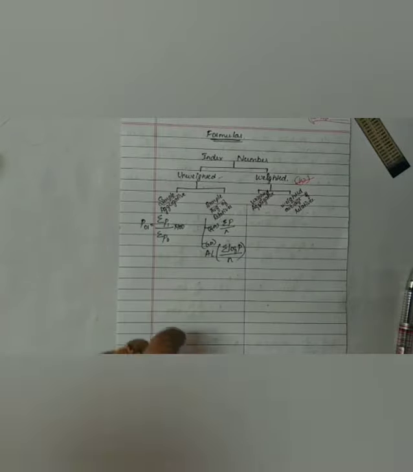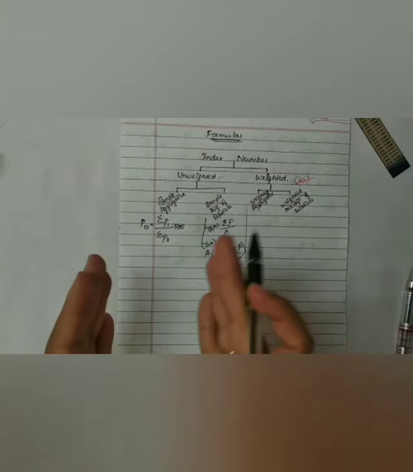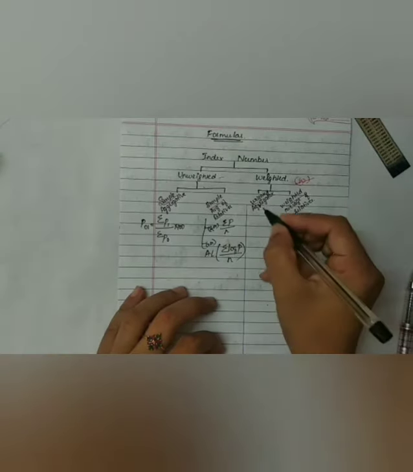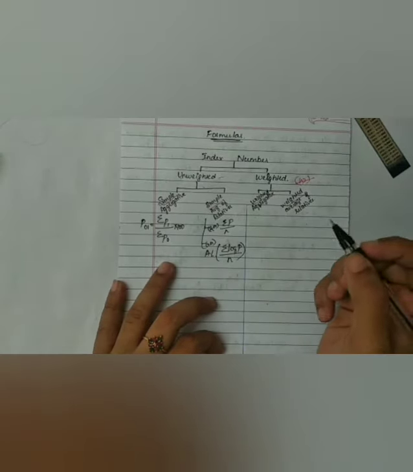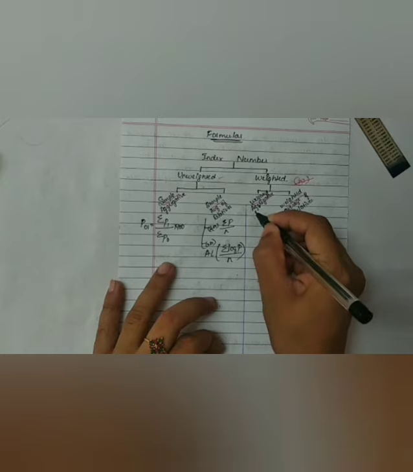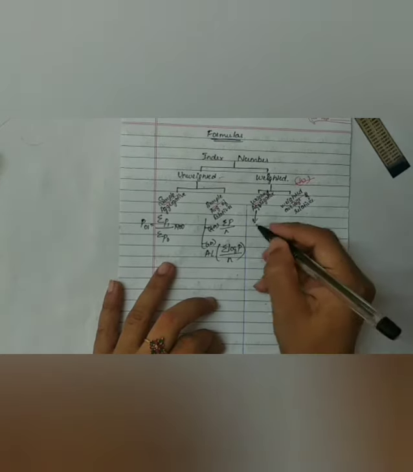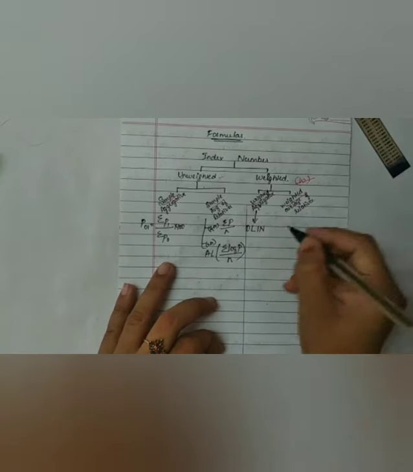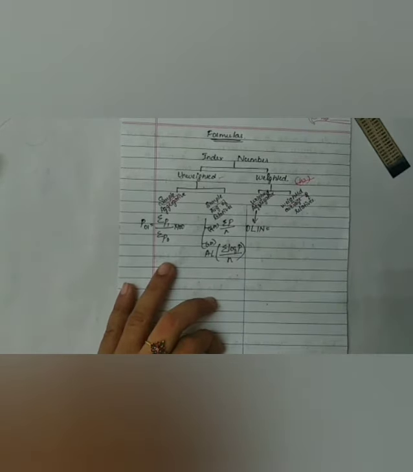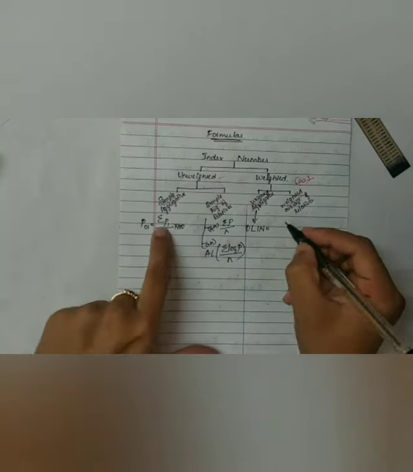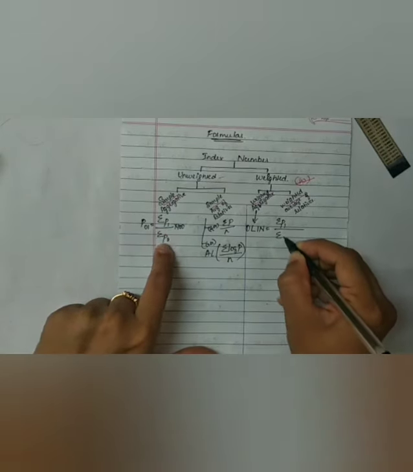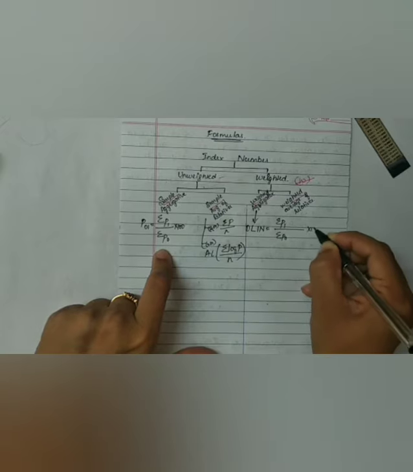Let's go for the weighted one. It is just a continuation of simple or unweighted. Okay, so when it comes to weighted aggregative, now I'll use even shortcuts. The first formula is of Lin, Laspeyres price index number. So when it comes to Lin, now just observe summation P1 divided by summation P0 into 100.